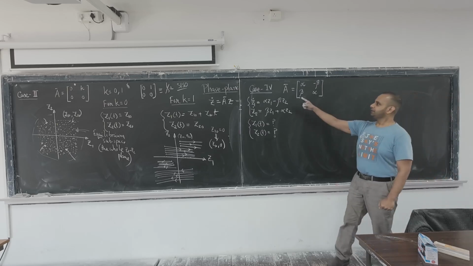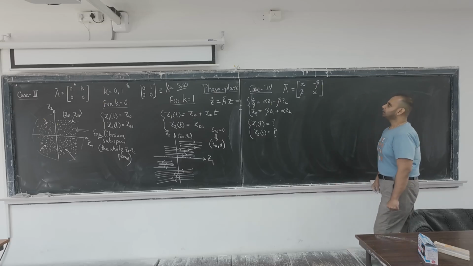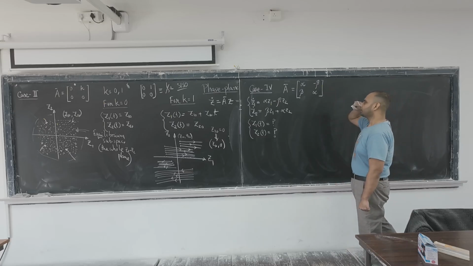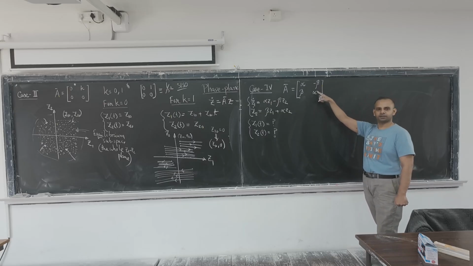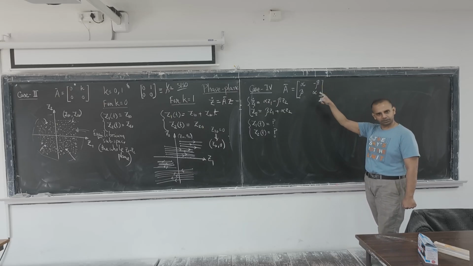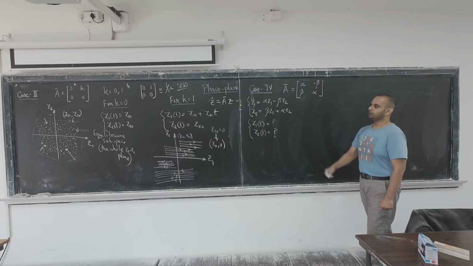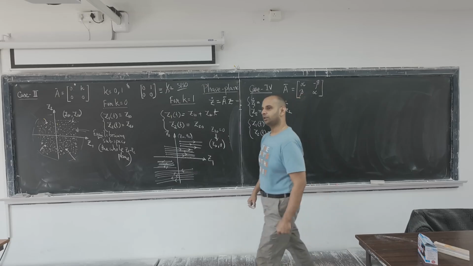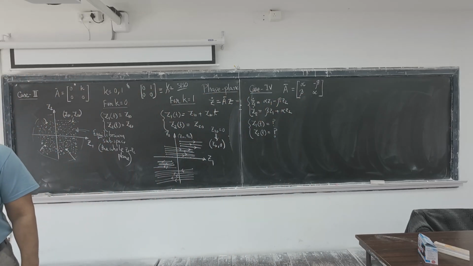Now you see, this is case 4 of complex conjugate eigenvalues, right? For any complex conjugate eigenvalues, we can express the matrix in this format: A equals alpha, minus beta, beta, alpha. Now the problem is, if you have to draw the phase plane trajectories, you need an explicit solution of Z1 and Z2.